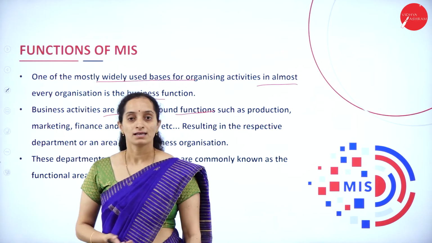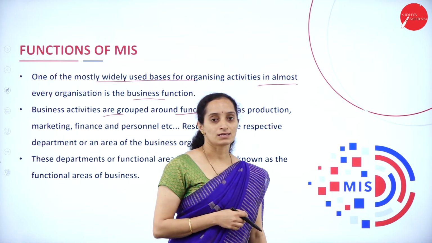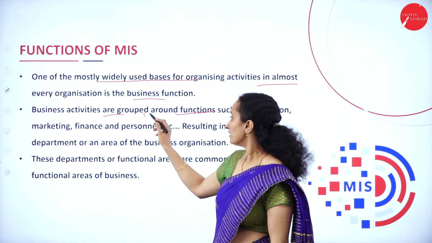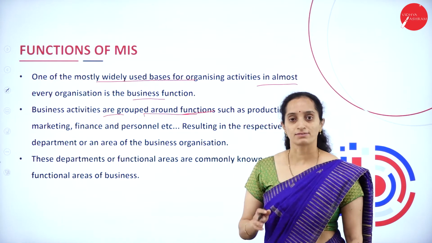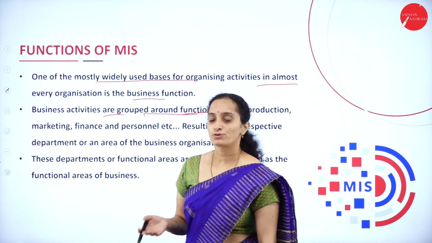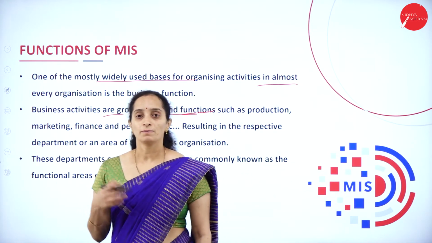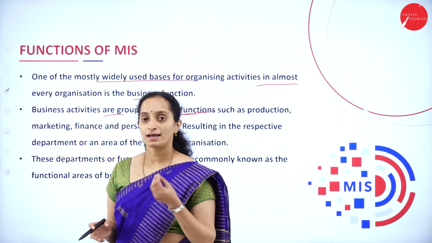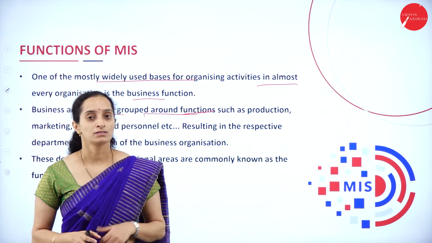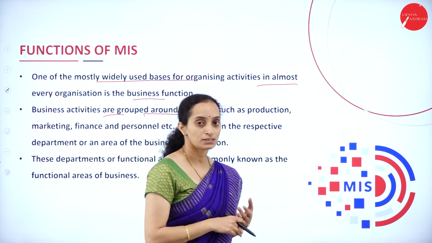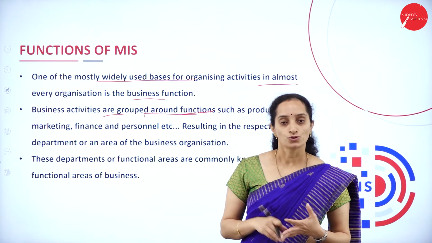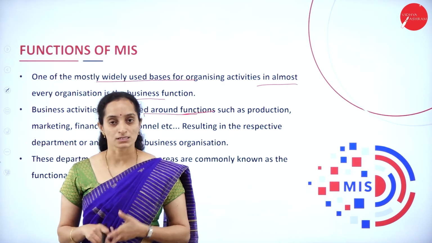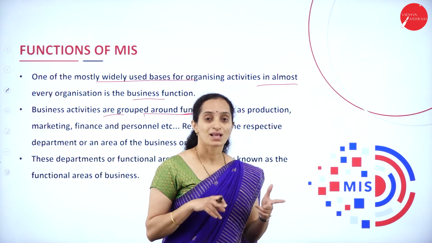Business activities. If you have an industry, how do you organize? It will have various functions. If you take the example of a bank, you will have various functions like depositing in a savings bank account, deposit in a current account, joint account, fixed deposits, recurring deposits, loan.